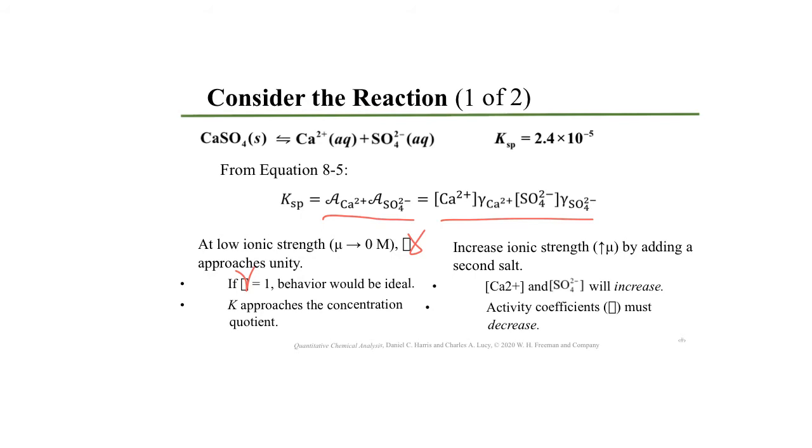Then it's reasonable to use only the equilibrium with concentrations. But if the ionic strength is increasing by adding another salt, then the activity coefficients must be used and will potentially decrease, okay?